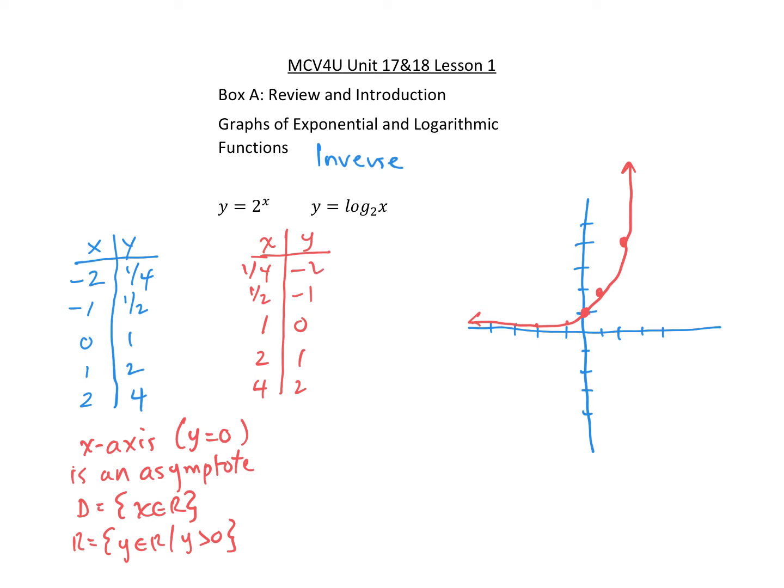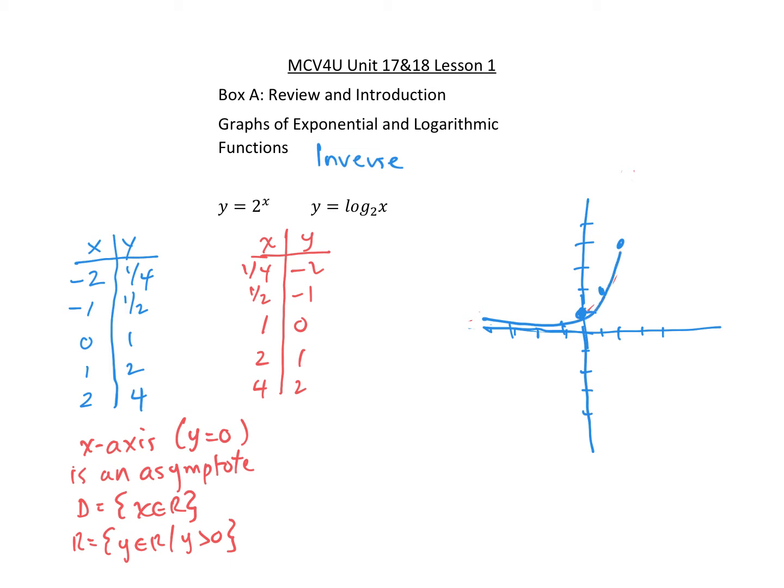Actually, I'm going to change color here. I will do the exponential in blue just to separate. So 1, 2, and 4.